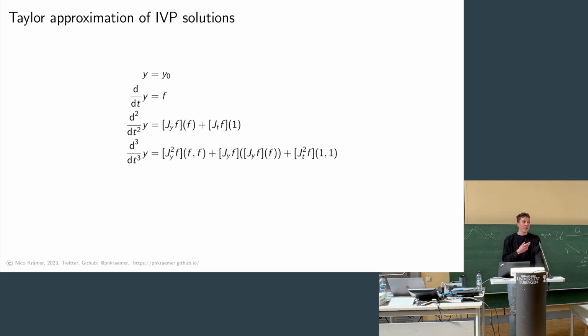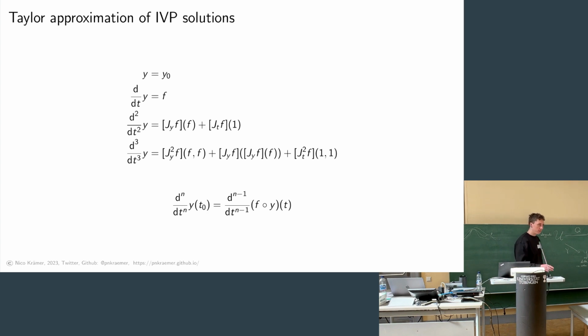If we differentiate that equation again, then we know the third time derivative is, and now we have the Jacobian of the Jacobian evaluated at f of y and f of y, so that's a bilinear form now. And then we have the Jacobian evaluated at the Jacobian, and then everything gets super nested. So in the end, we know that the nth derivative of our initial condition is equal to the n minus 1th derivative of f composed with y.